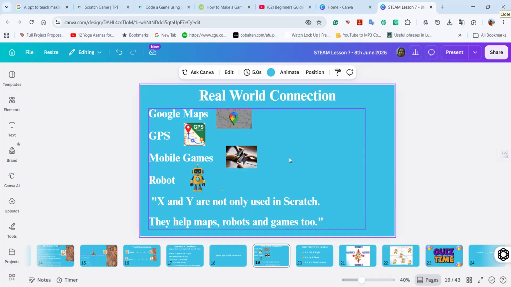The map is given over there. You also use GPS, you use Google Maps, and the mobile games, they are all made with the help of X and Y coordinates. Now what you're learning in the Scratch app, the same thing you're playing on the mobile with that X and Y. Without X and Y, you cannot make any app, any games app.